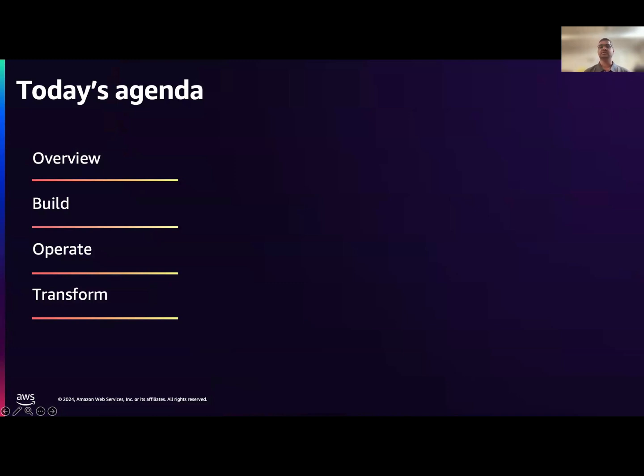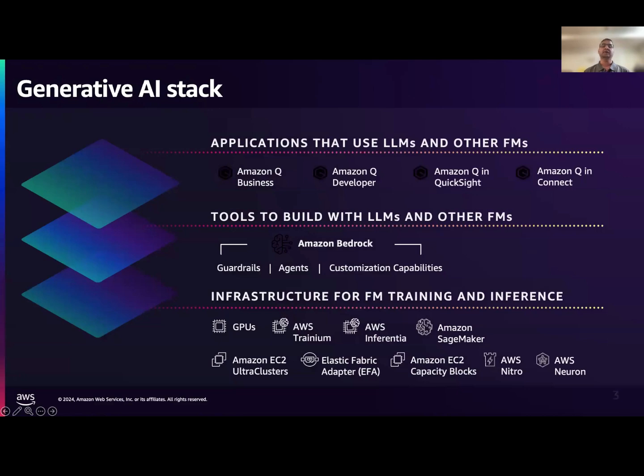That said, I just want to give a quick overview of what and where Amazon Q Developer fits in. So here at Amazon, we like to think of these fundamentals of generative AI as a three-layer stack that supports our customers' unique use cases and needs.